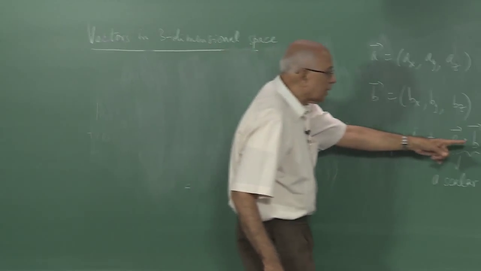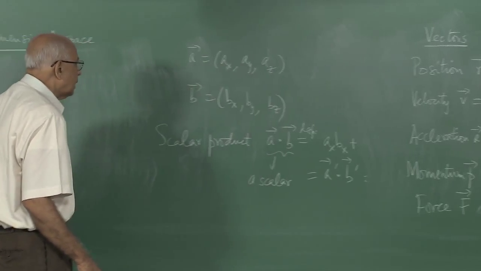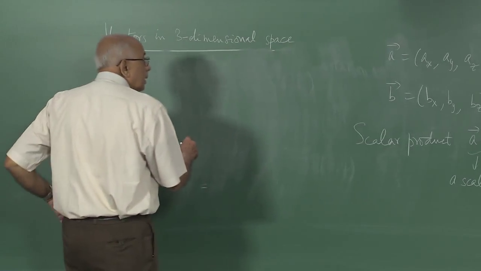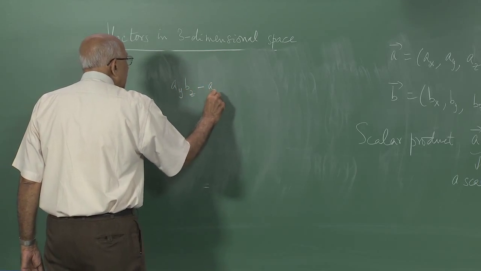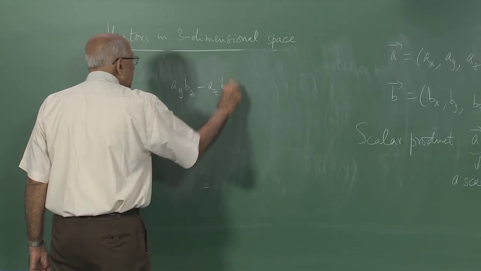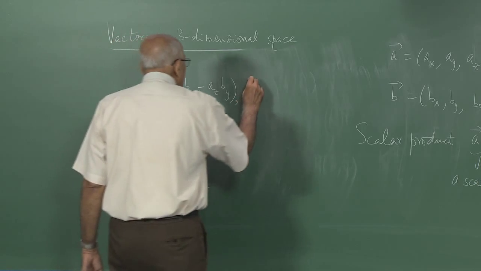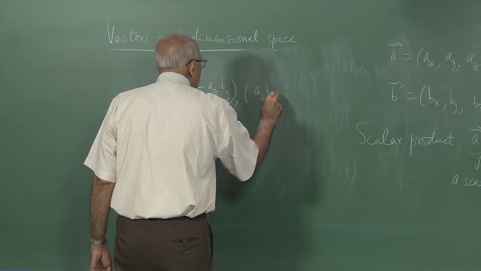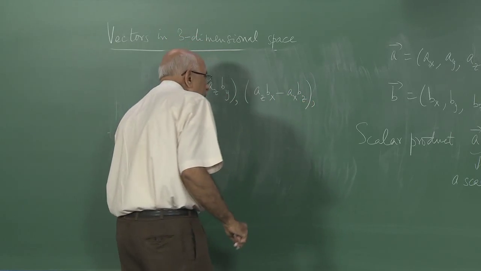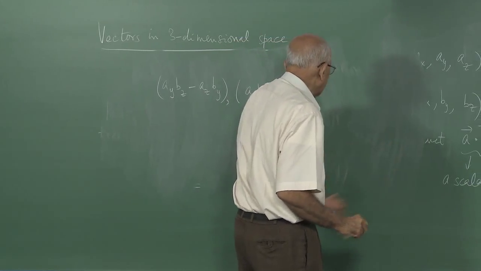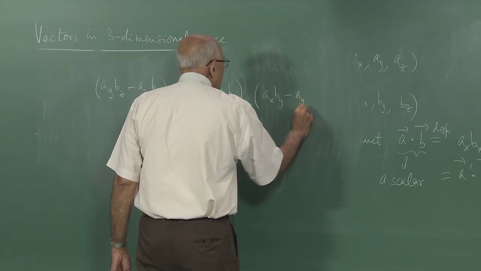So in addition to the scalar product, which is ax bx plus ay by plus az bz, we also have the possibility of combinations like ay bz minus az by, but we have 2 more such combinations possible, and that is az bx minus ax bz, and the third possibility is ax by minus ay bx.